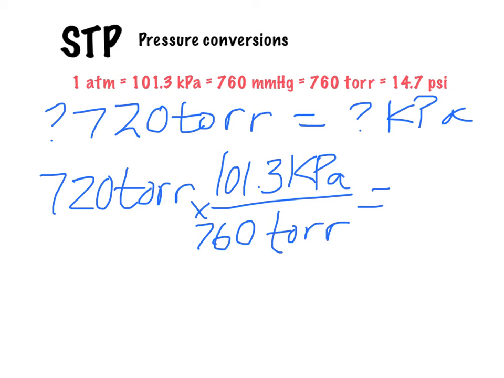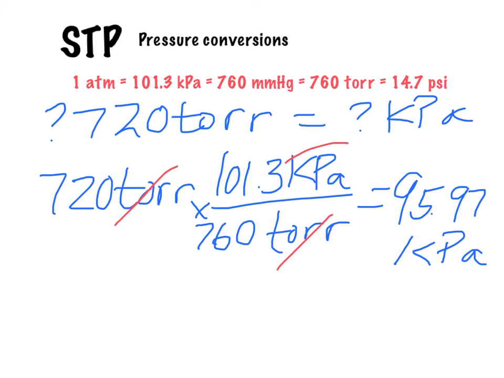You'd take 720 torr divided by 760 torr times 101.3 kPa, and you would get an answer of 95.97 kPa. You can also check your units. Torr and torr cancel. We're left with kPa, which is the same as what we were looking for.